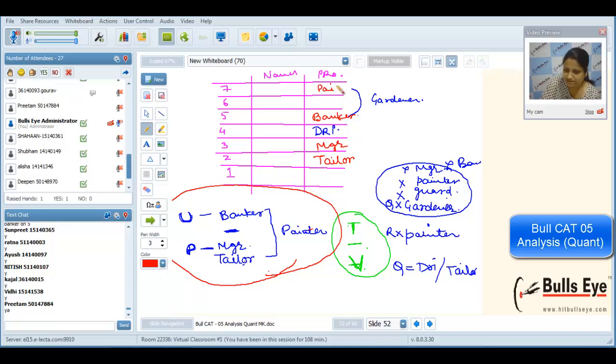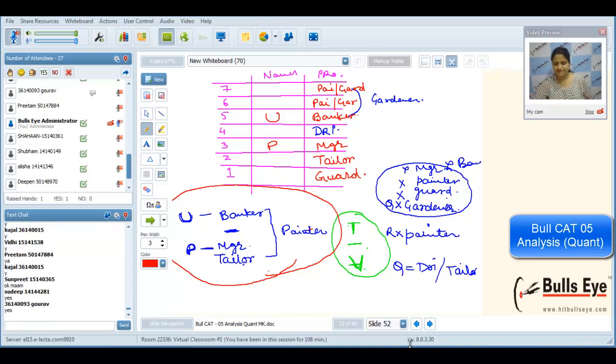So we can say here should be painter or a gardener. And we are left with only one profession, that is of guard. So guard should live on first place. That was the clue in the thing. Now we can solve it, I think. P should be manager. U should be banker. Is it okay with you guys? Since we have decoded all the profession, place.